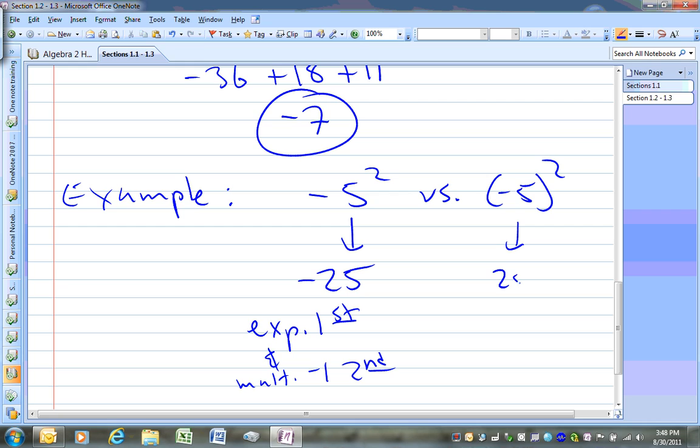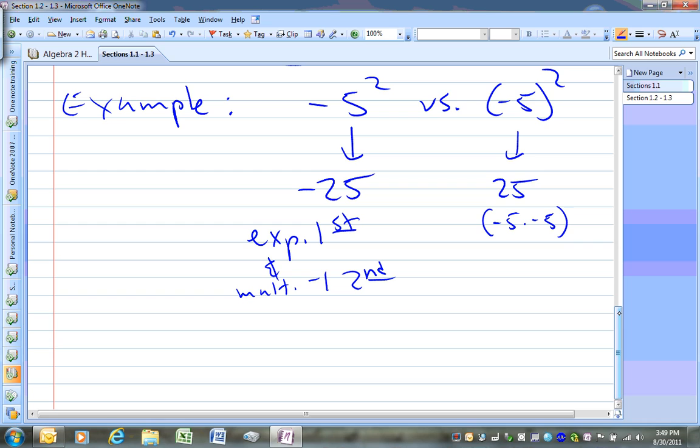Here is just 25, because it's surrounded by parentheses, it's negative 5 times negative 5, which is 25. So hopefully you guys can see a difference between that. And we'll do a little calculator demonstration the next time we meet in class.